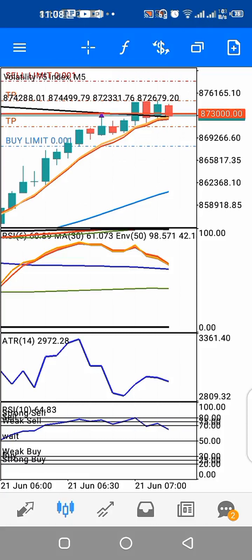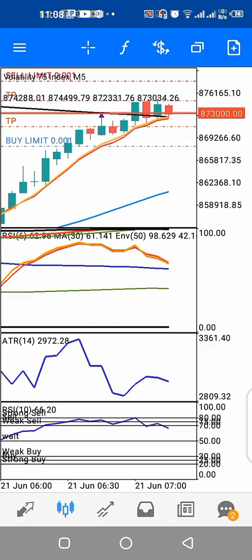So we can see the range in progress until I sight more like a bearish engulfing before I go for a sell, or if I sight a spike, a bullish pin bar, then I go for a buy.